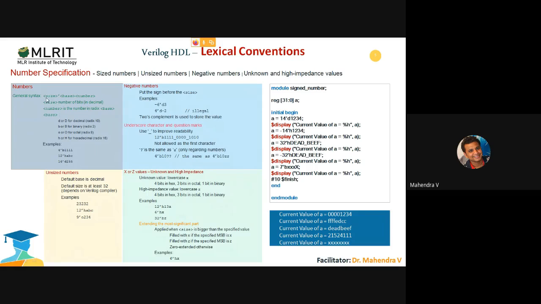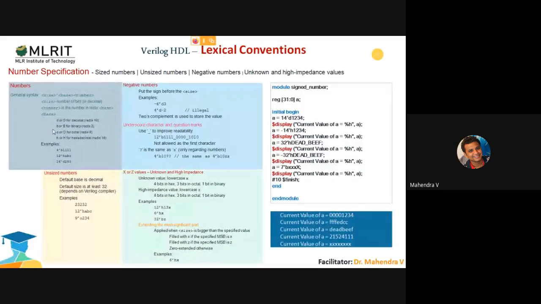If you write the test bench for the ripple carry adder, as you have seen, the input size is 4-bit, so you have to give the size of the data as 4. And the base: if you are following binary, you should give B. If decimal, you should use D. If hexadecimal, you should use H, and octal O. But octal we will not use here. We will be using binary or hexadecimal in most cases. This is the syntax we need to follow. Are you able to see my screen?